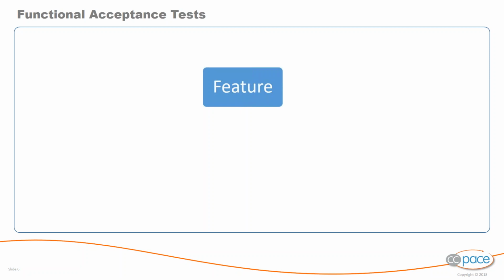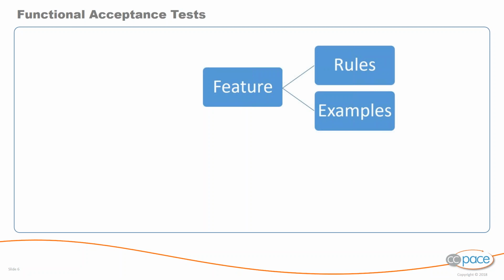Typically, when you think of a feature to implement, it can be broken down into a set of rules and examples. Rules form the acceptance criteria of the feature, and the examples are based on that acceptance criteria.